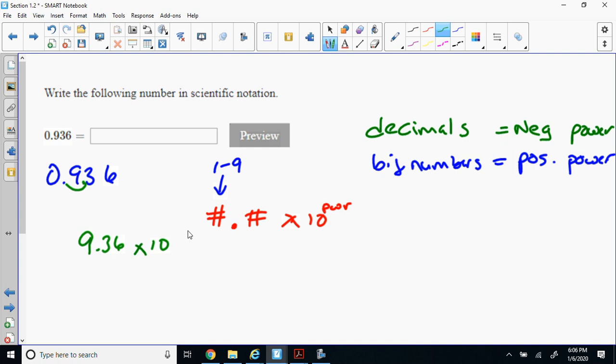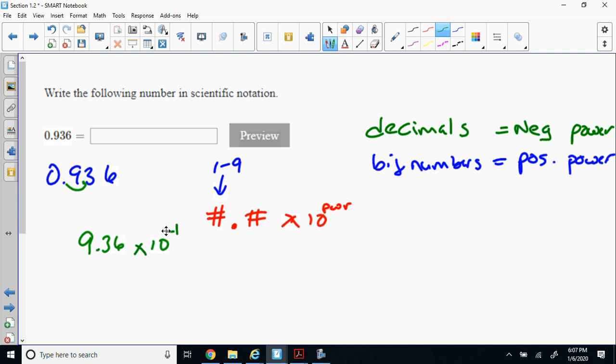Negative 1. Now, how do I know it's a negative? It is a decimal number. Did I move it right? Did I move it left? What did I start out with? A small number. When I got done, it's big. 0.936, when I got done in scientific notation, it's 9.36.